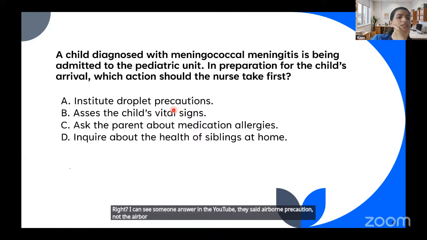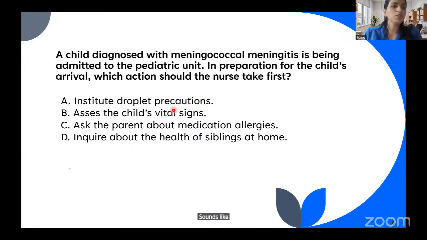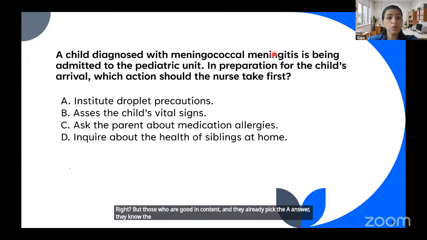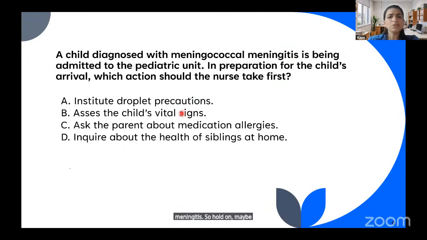If you think the answer is airborne, I highly recommend you read the content also. Sounds like you're weak in that isolation precautions video. But those who are good in content and already picked answer A know that meningitis belongs to droplet. So hold on, maybe you have to do that first, but always compare with the next option. Don't just jump right away.